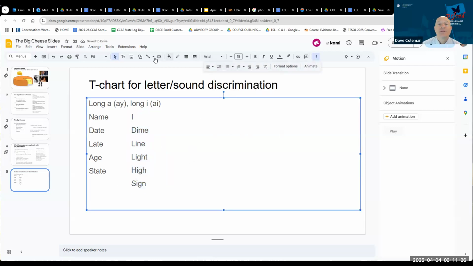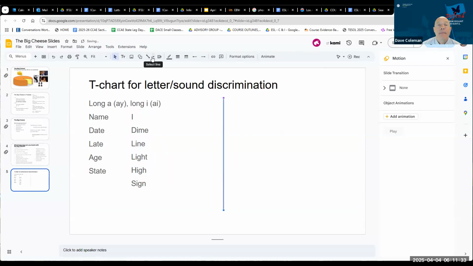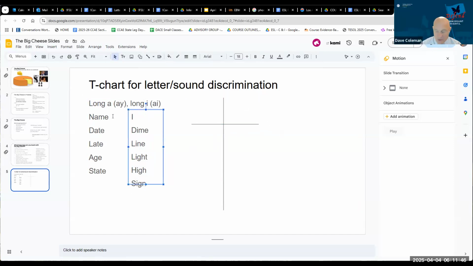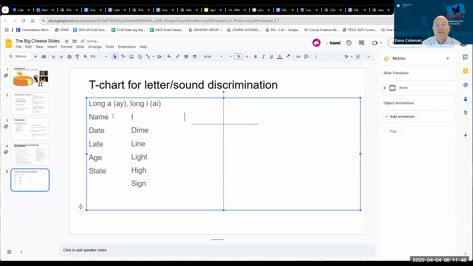So then I'm going to create a T-chart. Let me do this real quick. You're going to do the long A. Sorry, this is not working like I wanted to.